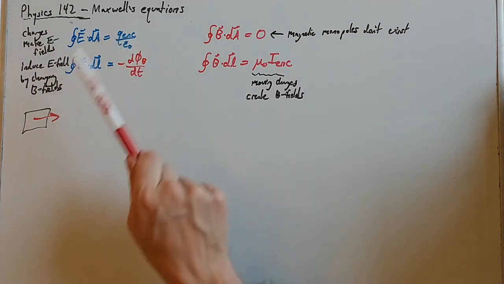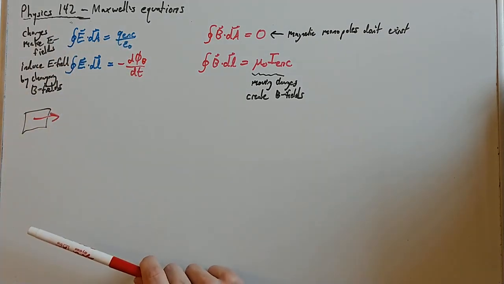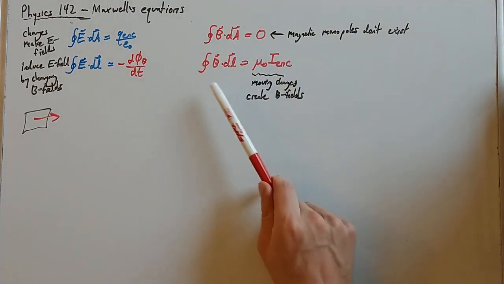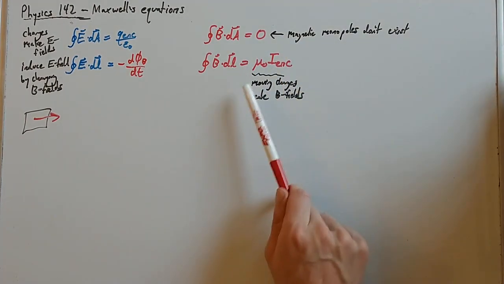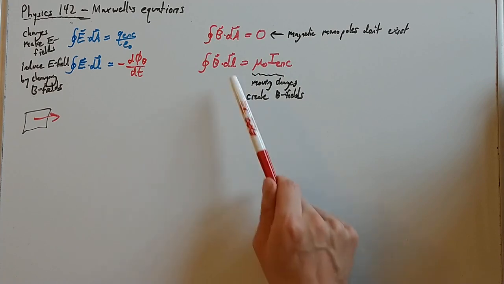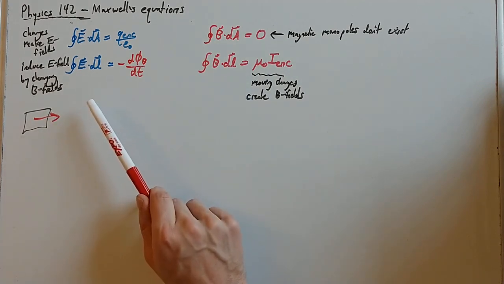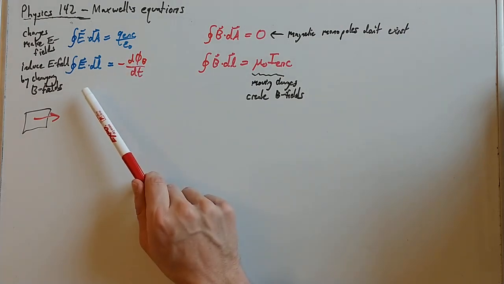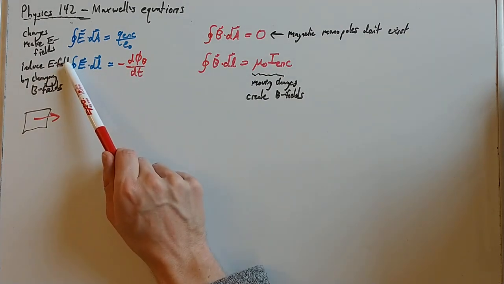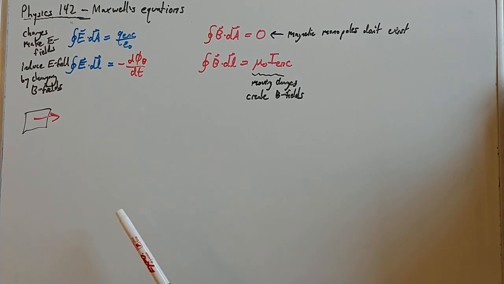We can make it with charges, and we can make it by changing the B field. But right now, we only have one way of making a B field. We make it by moving charges. Is it possible that there's another way? That maybe if you changed the E field, you could induce a B field?